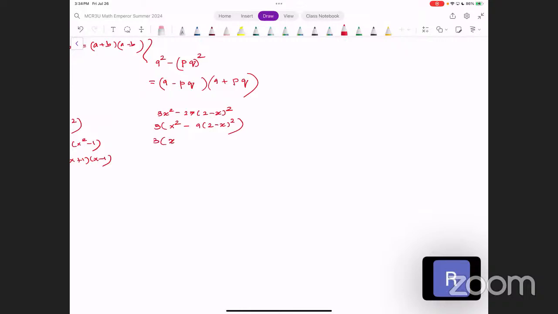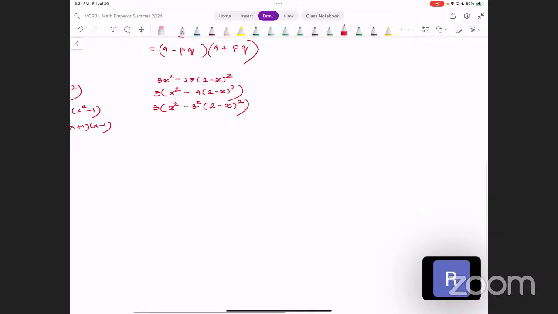Okay. Can I rewrite 9 as 3 squared? Yes or no? Now, when we have a square and a square, we can write the square as a common factor. So 3 times 2 minus x, whole thing squared, isn't it? A squared minus b squared.